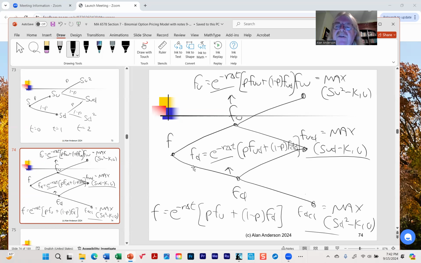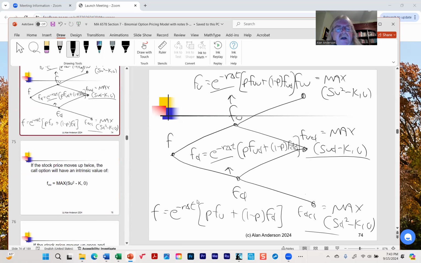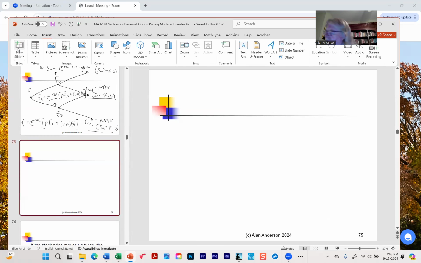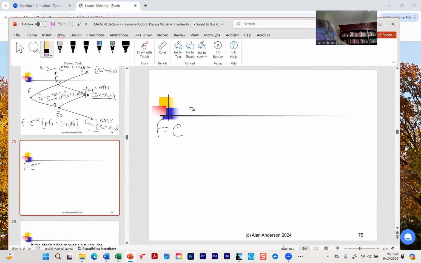Now, if you want to come up with an expression to solve this directly, you can replace FU and FD in this formula at the bottom here. If you substitute, you'll end up with this. First, we're looking 2 periods ahead, so the discount rate will actually be minus 2 R delta T. And then we'll have this.